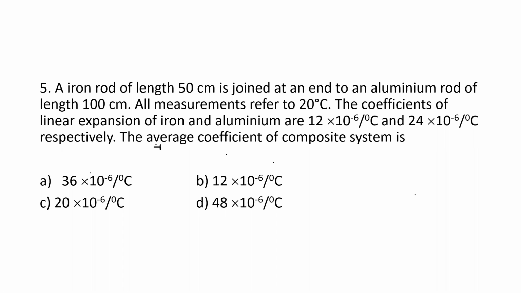The coefficients of linear expansion of iron and aluminium are given by 12 into 10 raised to minus 6 per degree Celsius and 24 into 10 raised to minus 6 per degree Celsius respectively. The average coefficient of composite system is.